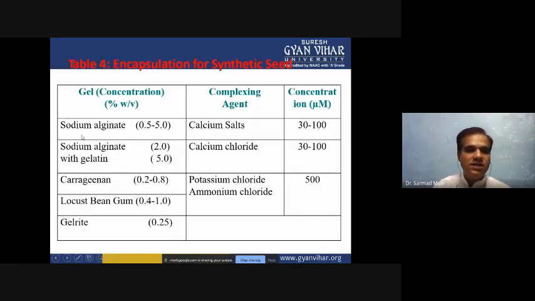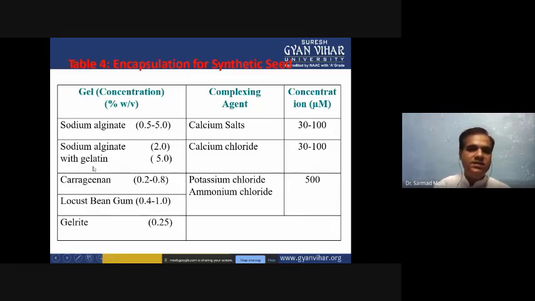Then sodium alginate can also be used in combination with gelatin: sodium alginate 2% with gelatin 5%. We can use these two in combination for encapsulation, with calcium chloride as the complexing agent, at a concentration of 30 to 100 millimolar.